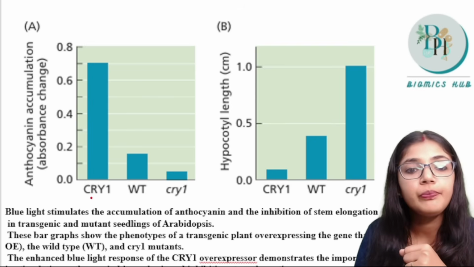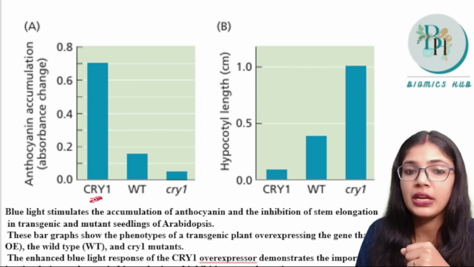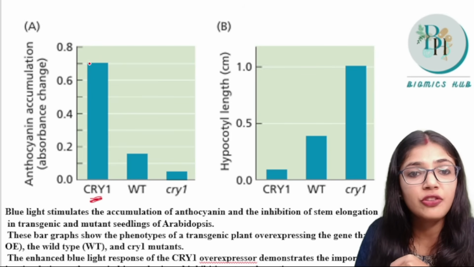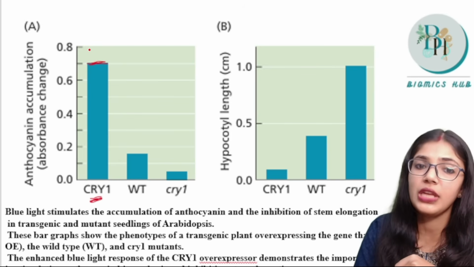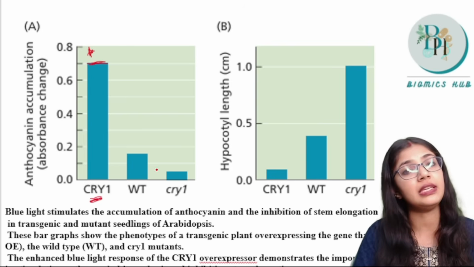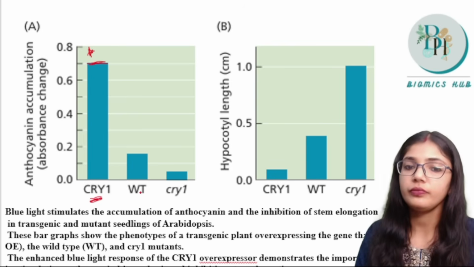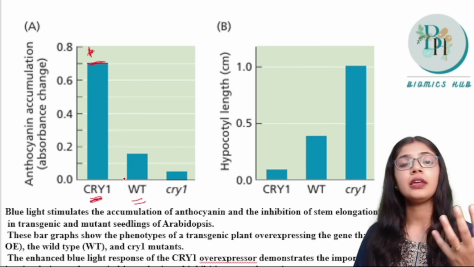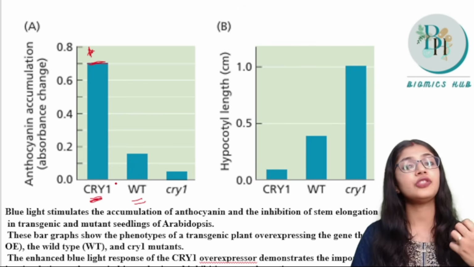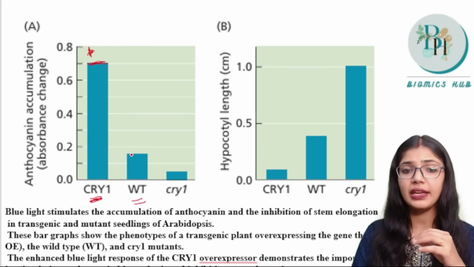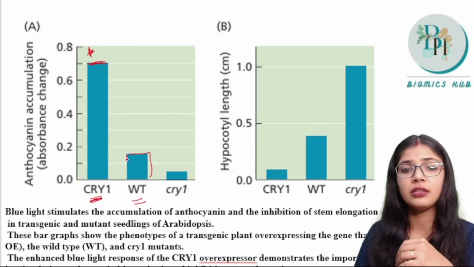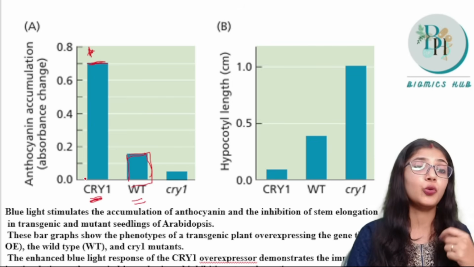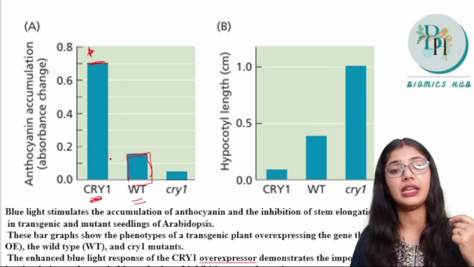Here we can see Cry1. If a plant has a high amount of Cry1, there is a high level of anthocyanin production. Next, in the wild type, the cryptochrome is not overexpressed, so there is moderate accumulation of anthocyanin, but when it is overexpressed the production of anthocyanin is more.